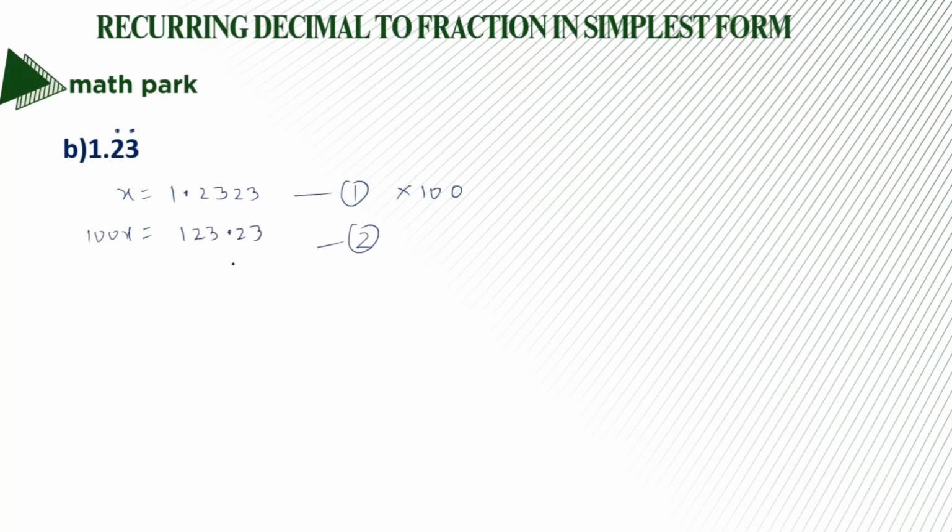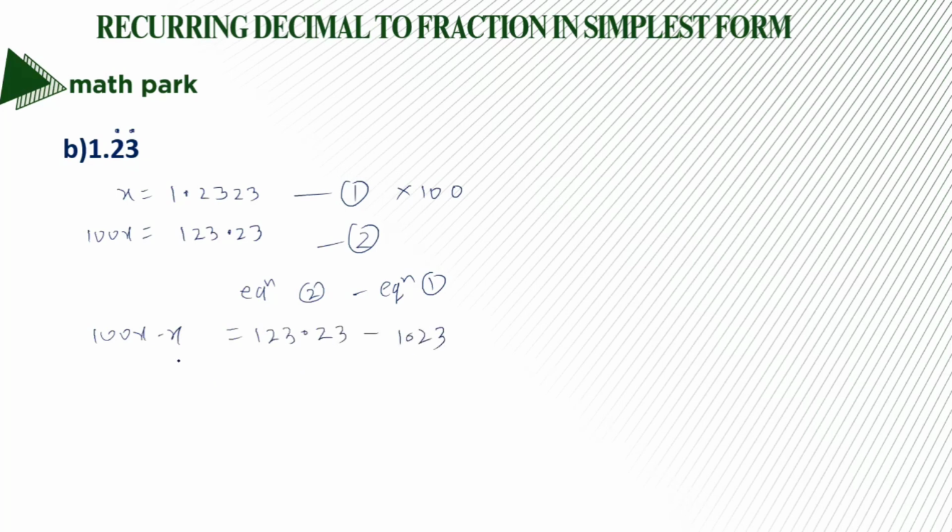Now we subtract. When we are doing this, we need to know that we have to get rid of the decimal part. So 1.23 and 123.23. We subtract these equations, equation 2 minus equation 1. We get 100x minus x is equal to 123.23 minus 1.23.